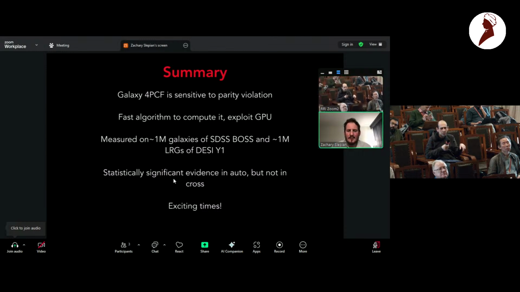Yeah, I'd have to think about it more carefully, but I think that is probably what's happening: it's not coherent across the patches as you would want it to be if it were a real signal. At least, I think the other question is, is the cross correlation as sensitive as the auto?